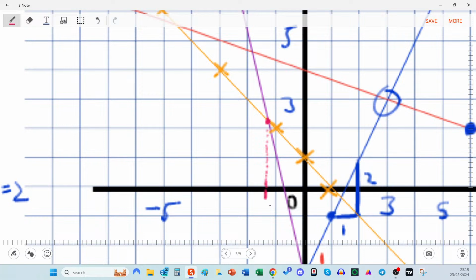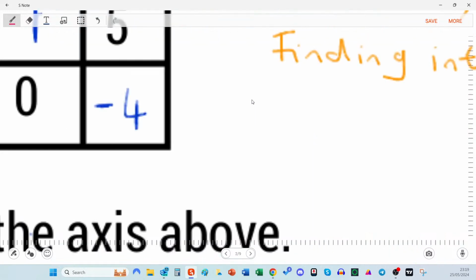Now I know this is -1, and this is -2. So I'm thinking if there's the middle point, it's half of that, it's -1.25.